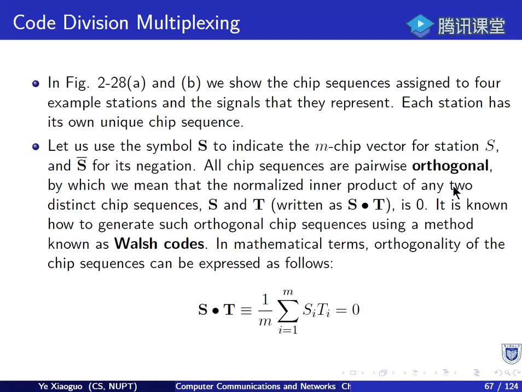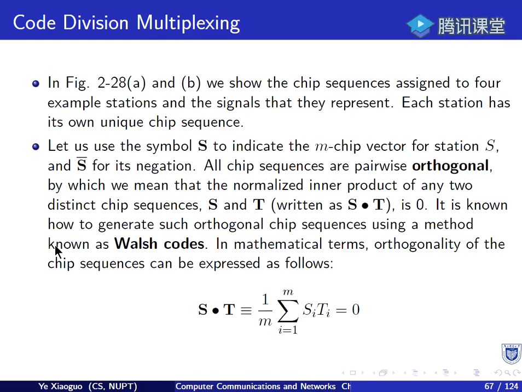Then we have this equation. When using the symbol S to indicate the M-chip vector for station S, then S bar is its negation. All chip sequences are pairwise orthogonal, by which we mean that the normalized inner product of any 2 distinct chip sequences S and T is 0.